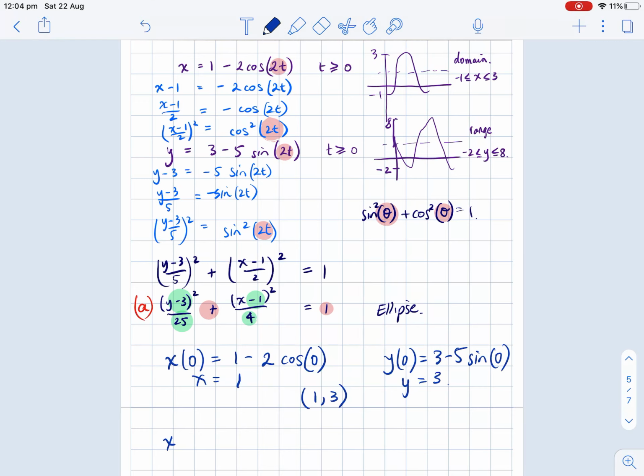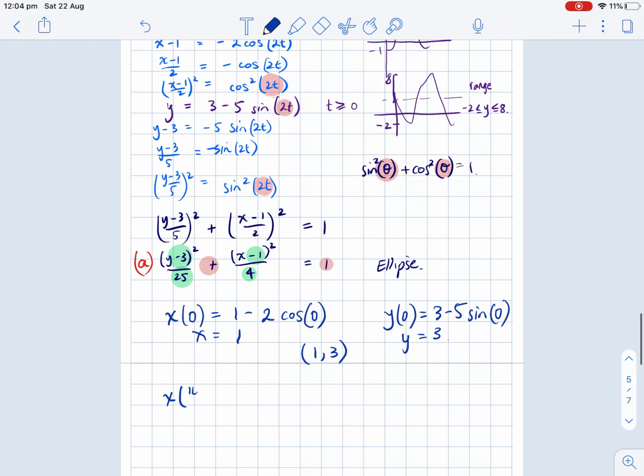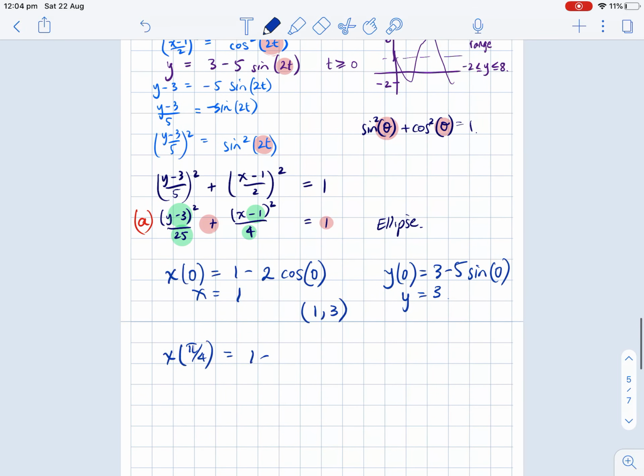At the next point, I think it was pi on 4. We'd have x of pi on 4 is 1 minus 2 cos 2 pi on 4, and y of pi on 4 is 3 minus 5 sine of 2 pi on 4.